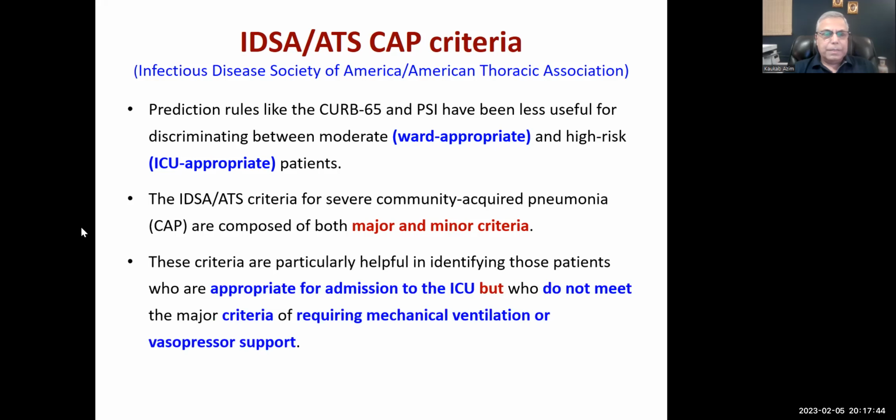These criteria are particularly helpful in identifying those patients who are appropriate for admission to the ICU, but who do not meet the major criteria of requiring mechanical ventilation or vasopressor support. Vasopressor support is needed, obviously, when the patient has developed sepsis, okay? So we'll have a look at the major criteria and the minor criteria.